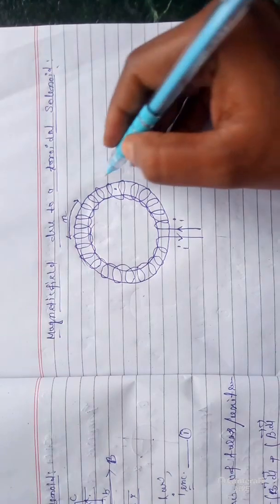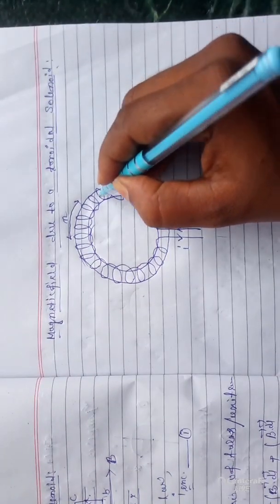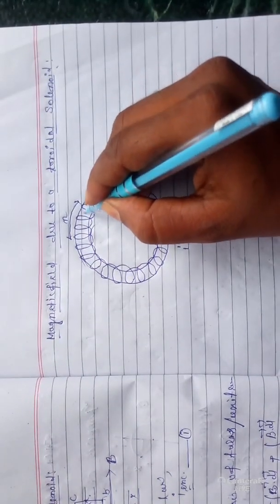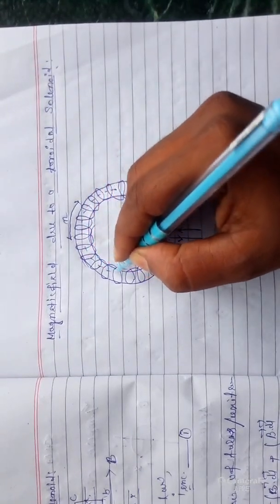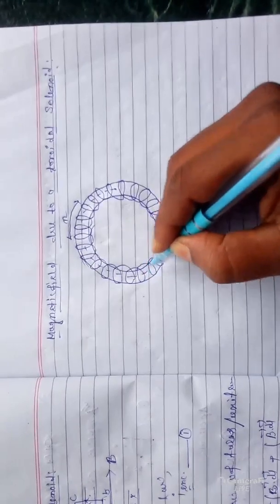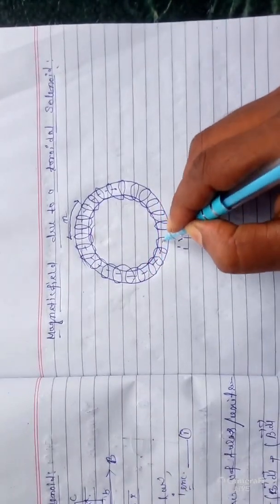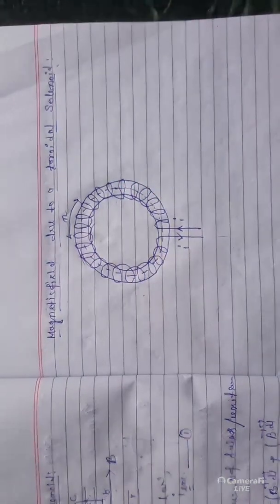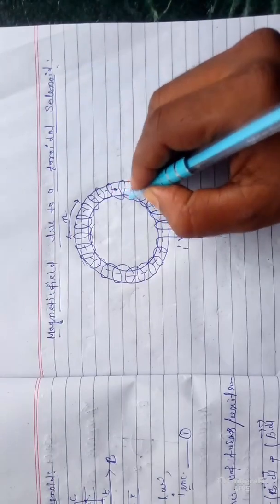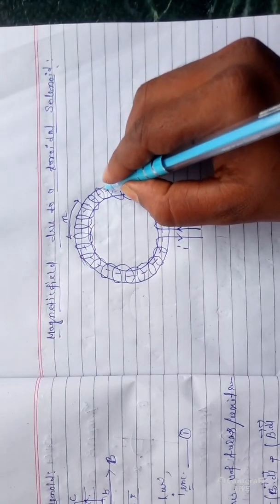Now what to do? You have to take an imaginary path. Notice here, this imaginary closed loop encloses all the turns. Understood?